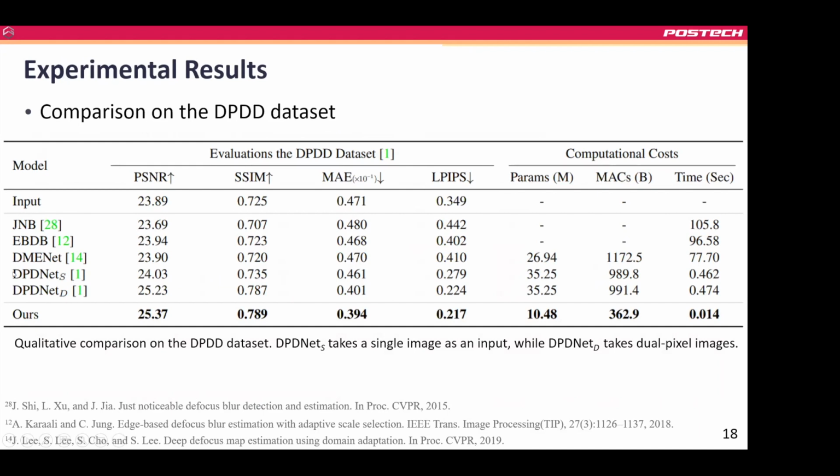They have two versions: one without dual pixel, and one using dual pixel. In their results, the dual pixel based method works better. But our technique is not using dual pixel, and even so, ours is better than their dual pixel method.